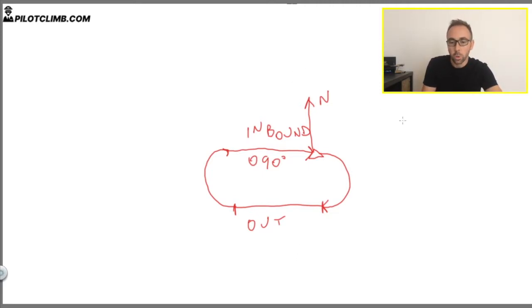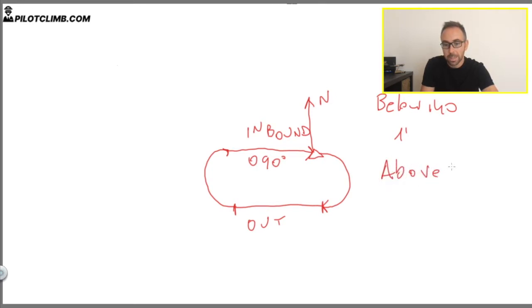First thing to know is that below flight level 140, the timed holding has got an outbound of 1 minute, but above flight level 140, this outbound time or this inbound time is 1 minute and 30 seconds.